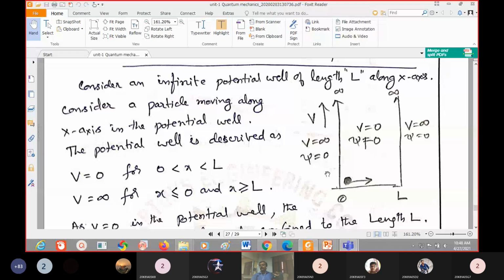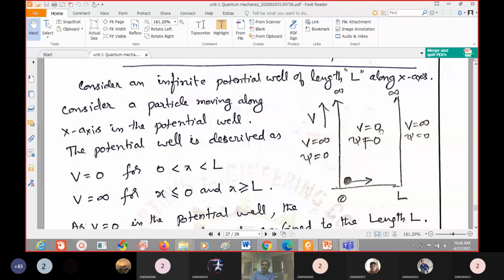Similarly at the other boundary, psi is equal to 0. Only inside the box will the wave function be present, so the electron will be present. That's why inside the box psi is not equal to 0.